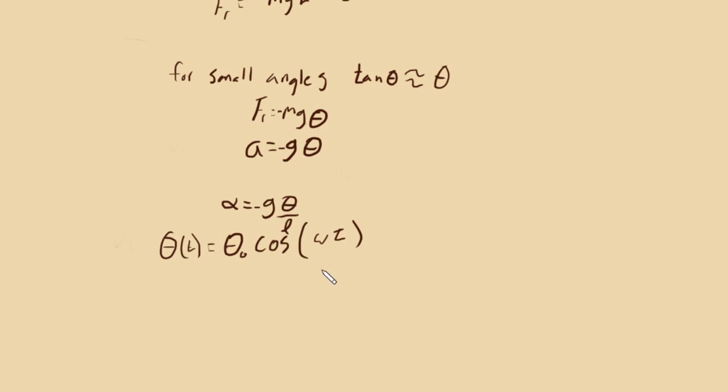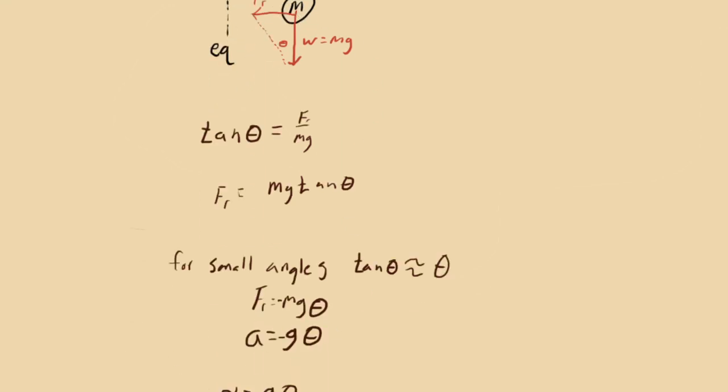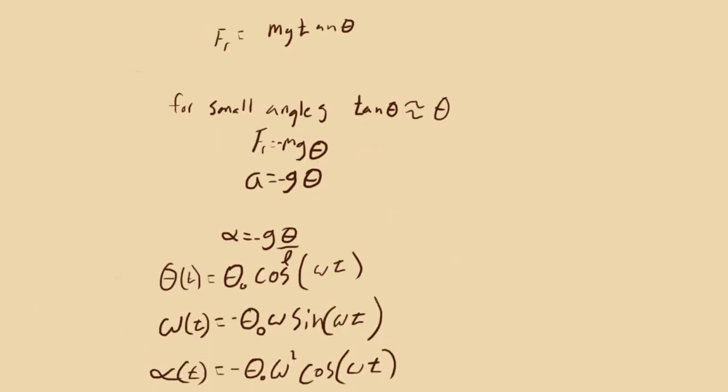We're starting off at some angle theta at time t, and we know we're at the initial angle when t equals 0. So when t is 0, cosine becomes 1, and we're at our initial angle, which should make sense. And so we take the derivative twice. Our first derivative gives us our angular velocity, which isn't helpful here. Then we take the second derivative, and we get our angular acceleration.